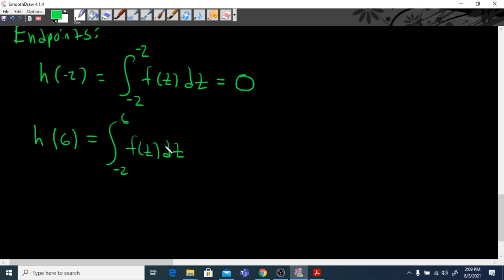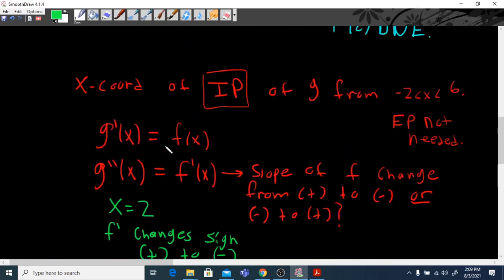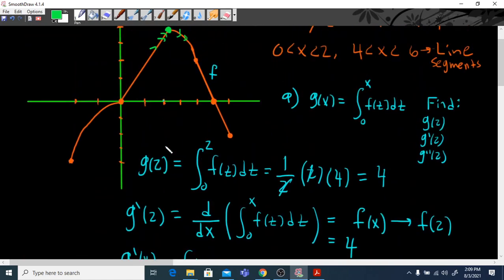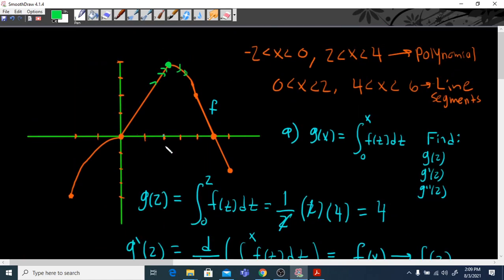Interesting. All right, let's think about this for a minute, because we don't have everything we need, so we've got to think about something. Let's think about where the integral has to be a maximum.